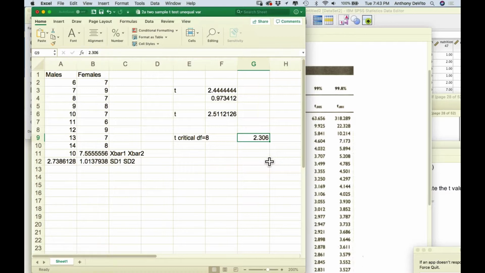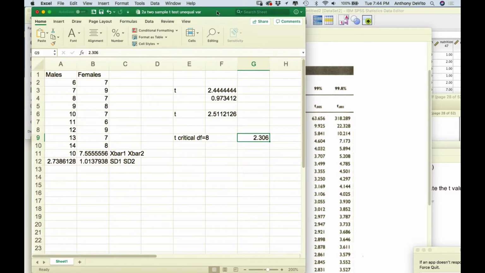If our t calculated was exactly 2.306, we would know our p-value is exactly 0.05. That's what our critical value of t means. Since our calculated t-value is above 2.306, we know the p-value has to be smaller. It's less likely because they're further apart, right? There's less tail left on either side because they're further apart.